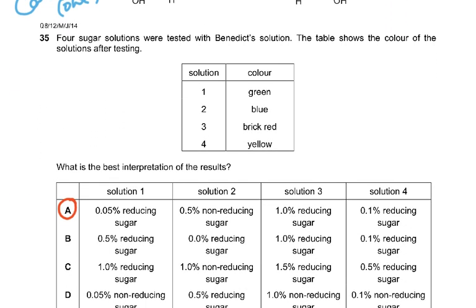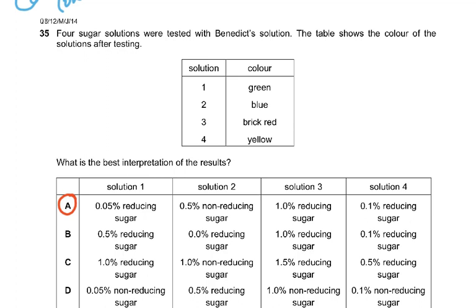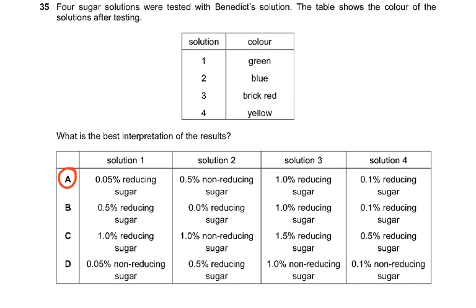Then 4 sugar solutions were tested with Benedict's. The table shows the color of the solutions after testing. 1 was green, 2 was blue, 3 was brick red, 4 was yellow. Which is the best interpretation of the results? Now, this, of course, is a very tricky question. I usually find them very interesting because they give you all this. So 0.05 reducing sugar, 0.5 would be more than 0.05, non-reducing sugar, then 1% reducing sugar, and then 0.1 reducing sugar.